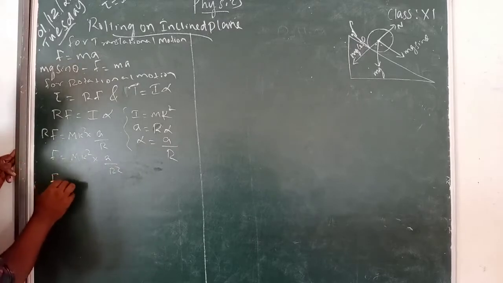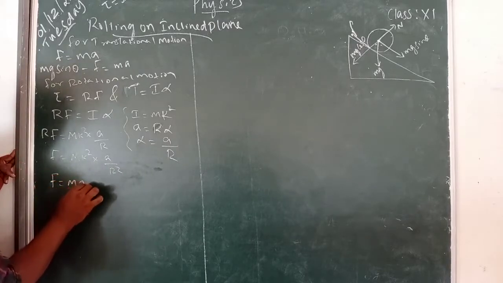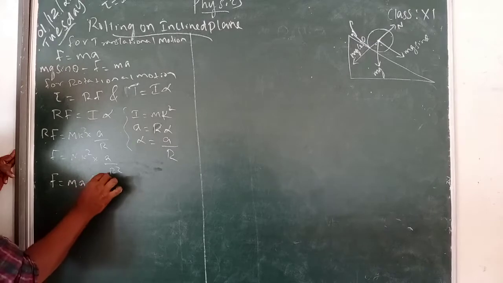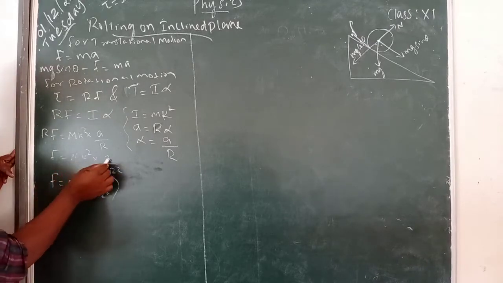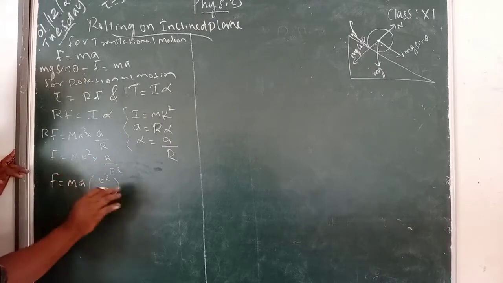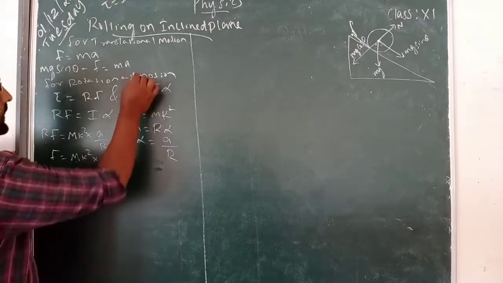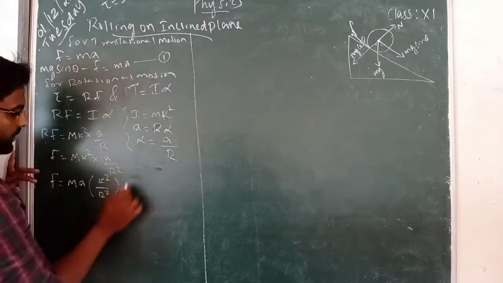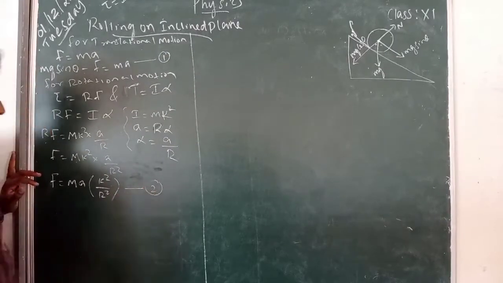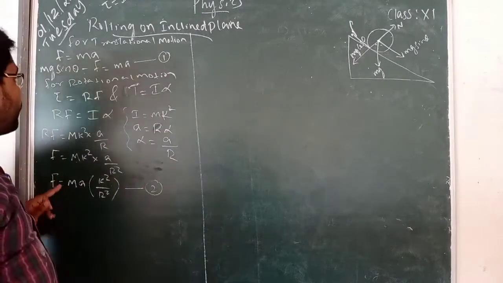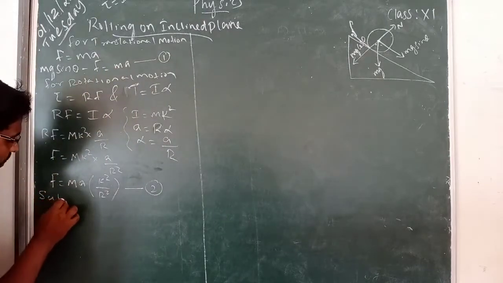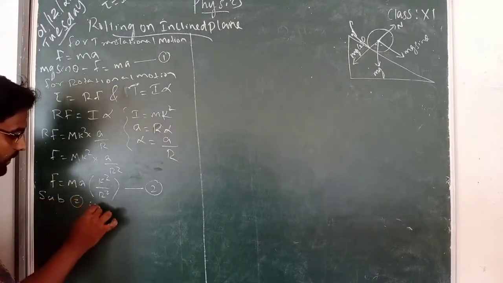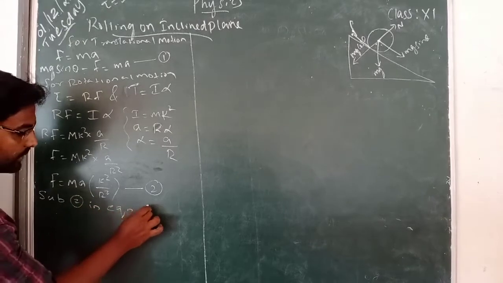Rearrange and write F is equal to m a k square by r square. Just rearrange and write it down. Keep this as equation 1 (the translational equation) and this as equation 2. Now substitute the F value from equation 2 in equation 1.